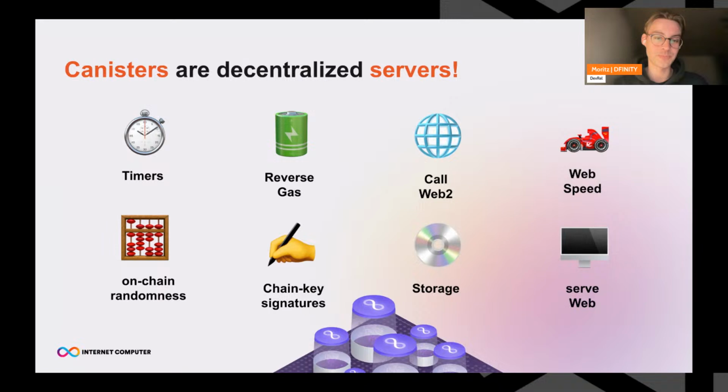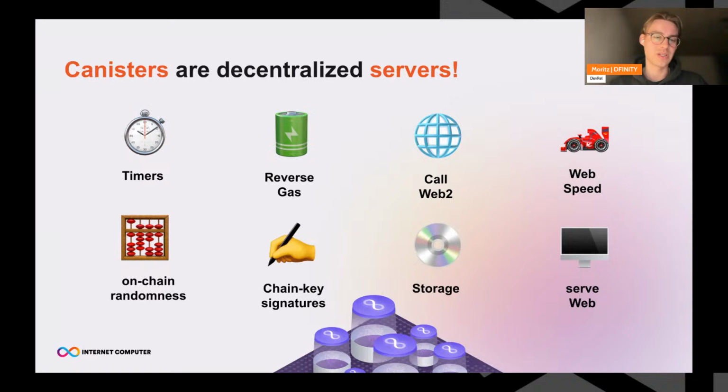Another really cool feature is the fact that canisters can call into Web 2. Usually, if you want to get information from outside of the blockchain, you need to set up some sort of oracle service, but on the internet computer this is built into the protocol, so you can just make an HTTP outcall like you would do on Web 2.